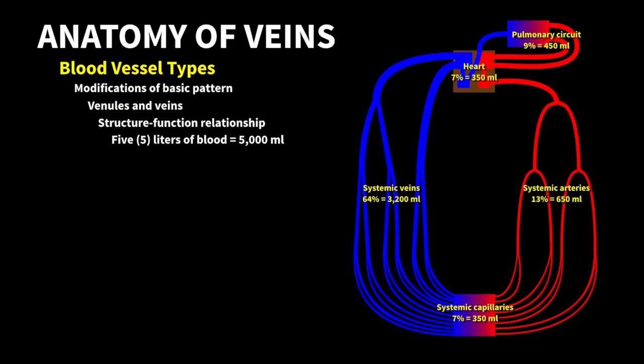Compared to the arterial blood, which has to be moved quickly to the capillaries to distribute the nutrients it is carrying to the cells, the venous blood is not delivering critical nutrients to capillaries, and therefore, moving the blood quickly through the venous system is not essential.